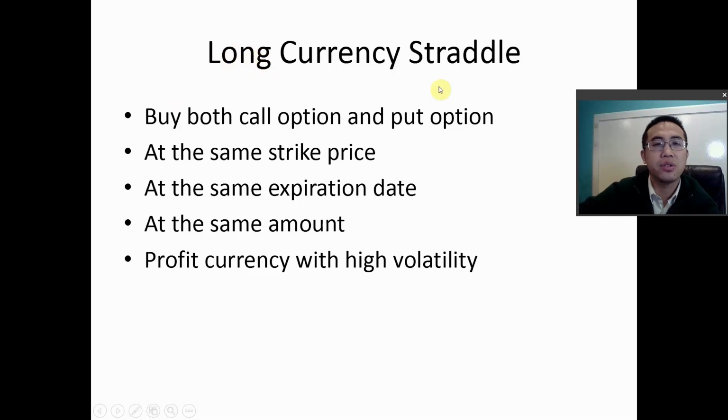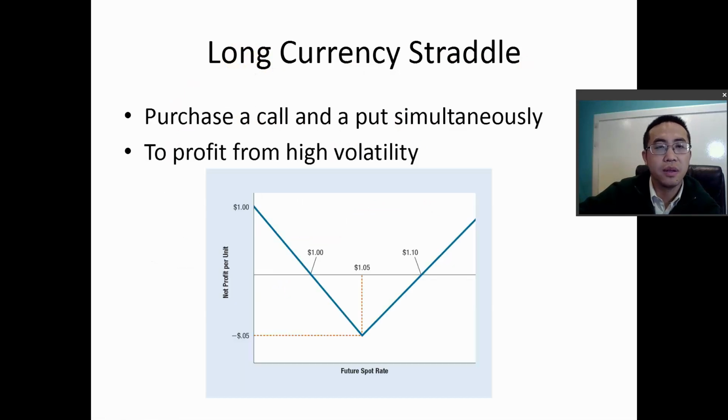So in this long currency straddle, you buy both a call option and a put option. These two options are at the same strike price, the same expiration date, and the same size. And you can profit from a currency with high volatility. How so? Right here, you will see the profit contingent curve based on the future spot rate.